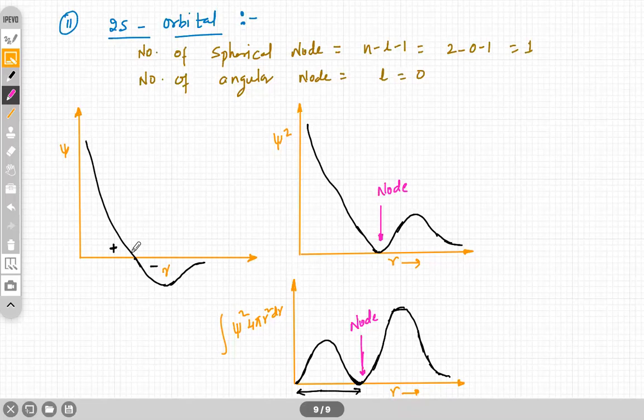Yes, sir, I meant that in the graph of the probability of finding the electron, shouldn't the graph touch the x-axis not only at one point at the node, but at the full nodal region which is extended on the x-axis, because the probability of finding the electron is 0 between the first subshell and second subshell. So the radius is not only at a particular radius, it's like a region from, say, 2 millimeters to 3 millimeters.